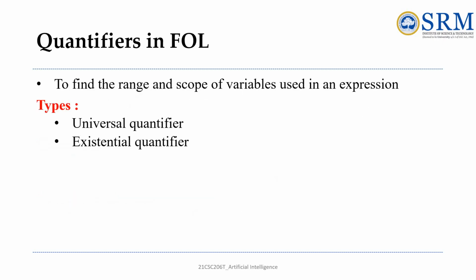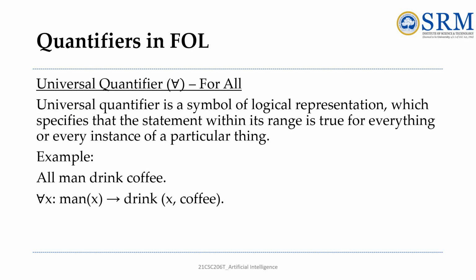Next, another critical advancement of first order logic over propositional logic is the introduction of quantifiers. We have seen this, but we'll see it in detail now. We have two main types: the universal quantifier and the existential quantifier. The universal quantifier is represented as for all, this symbol.